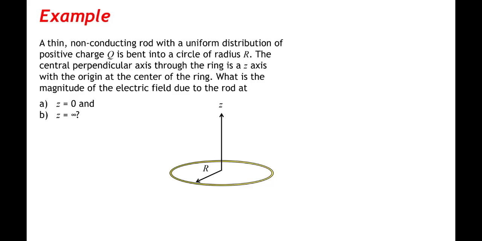Let's start this problem by sketching our own picture. We will start off with the ring of charge, and this ring of charge has a magnitude of charge equal to Q. Let's place the central axis of this ring of charge such that it is parallel to the z-axis.